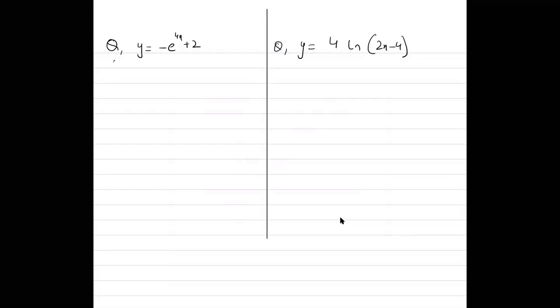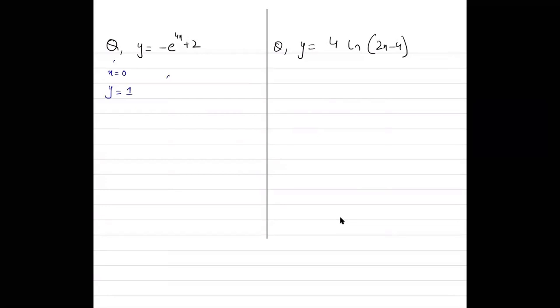Yeah. So when you take x as 0, you will get y as 1. So the y-intercept is (0, 1). Okay.